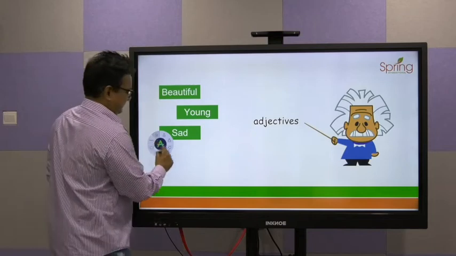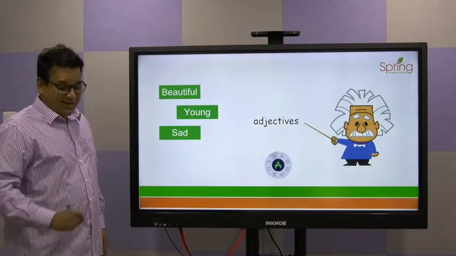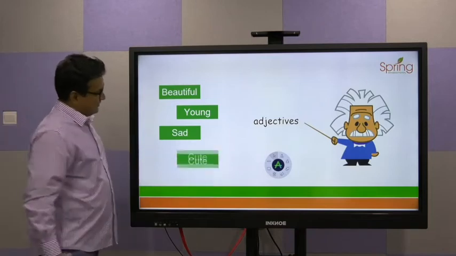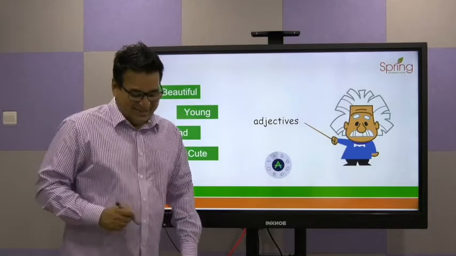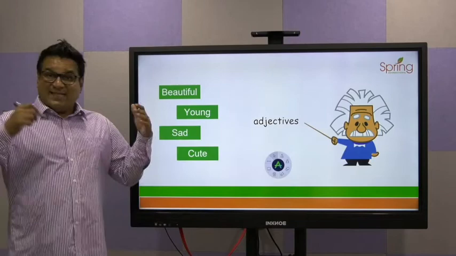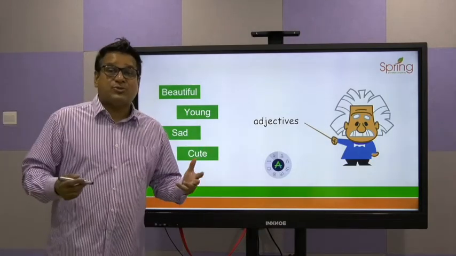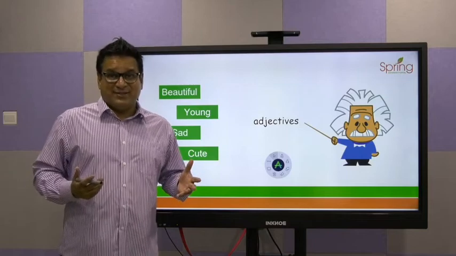Sad. And the last one, cute. These are all adjectives we learned today. And just like nouns and pronouns, there are many words that are adjectives.